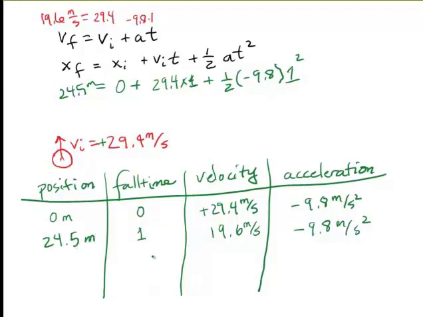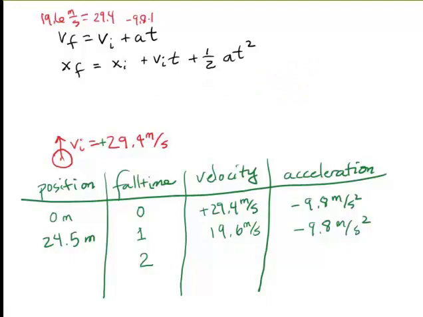Okay, now we plug in 2, fall time at 2 seconds. And when we do that, we're going to erase everything here. Okay, got it. Okay, so we got 2 seconds squared, and then minus 9.8, and then 1/2. This is going to be 2 seconds right here.